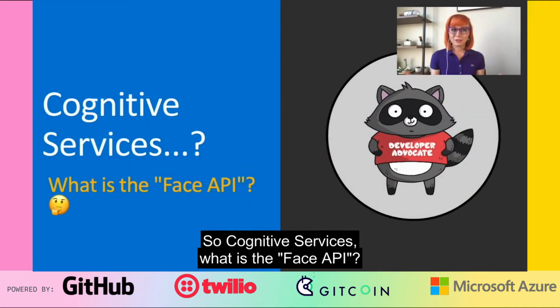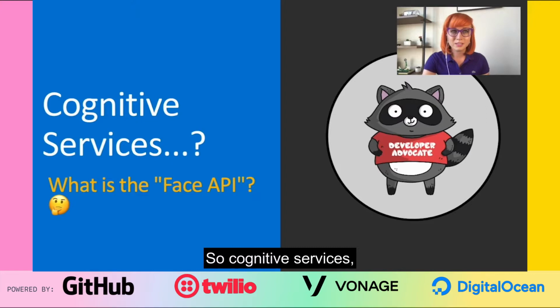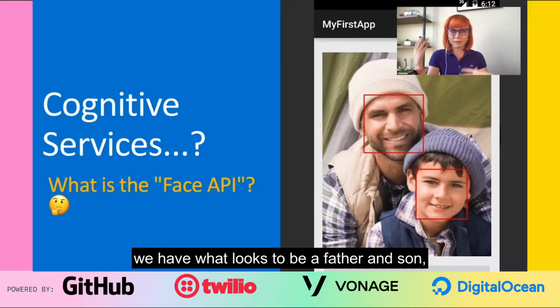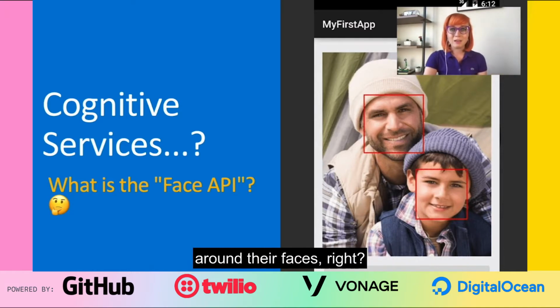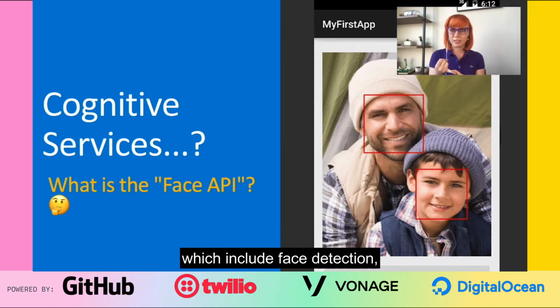So cognitive services. What is the Face API? Great question. Cognitive services and the Face API help us detect faces in images. As you can see from this image here, we have what looks to be a father and son, and we've got this nice little red square around their faces, right? That includes a couple of different things, including face detection.